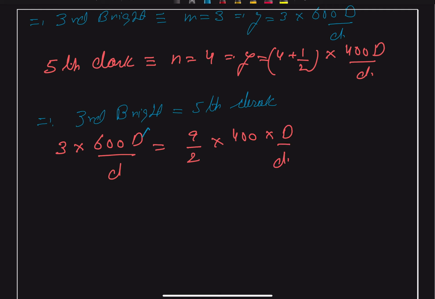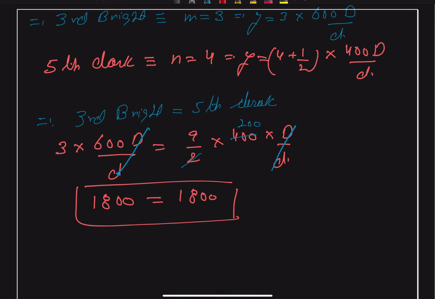The D and d cancel out, and we get 1800 is equal to 1800. So this condition is also true. It means option C is also correct.